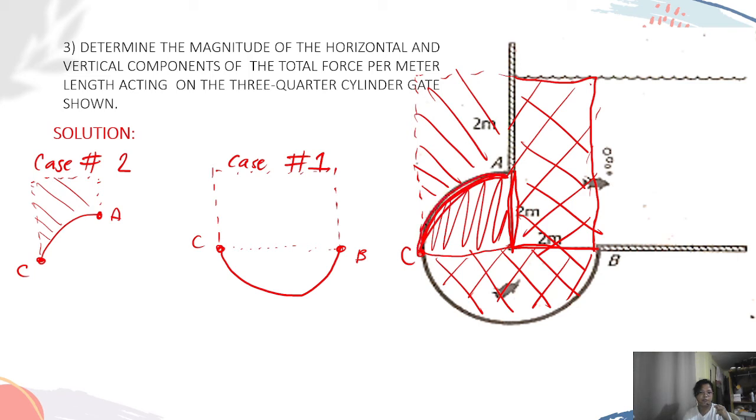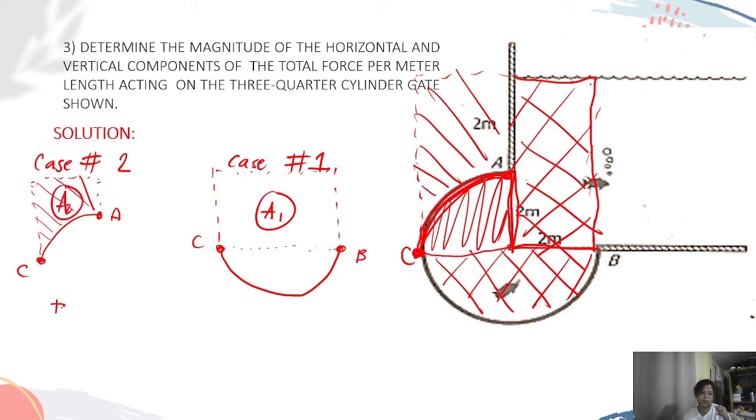'Di ba? So, we have to follow the rule of making the condition, susundin natin yung condition na yun. Okay? So, pwede ko na bang sabihin na itong area 1 natin, tapos ito yung area 2.